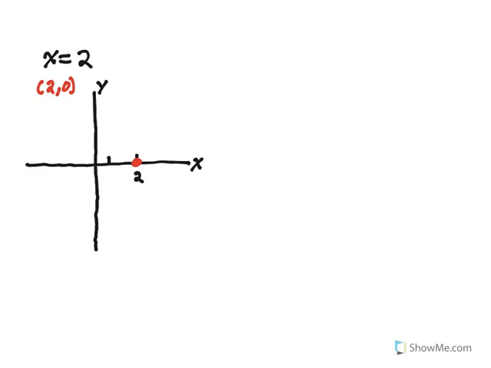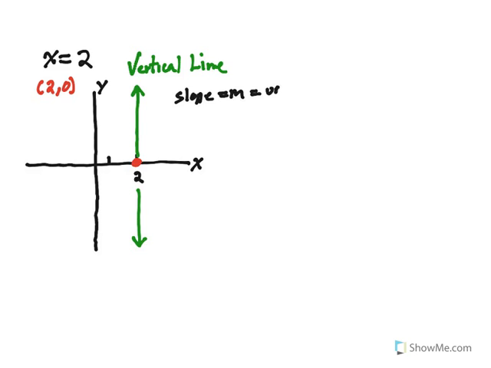It's a point on a line, and that means that that line is going to intercept the x-axis at 2. So therefore, it is a vertical line. And vertical lines have a slope of undefined. So my slope, which equals m, is going to equal undefined in this case.